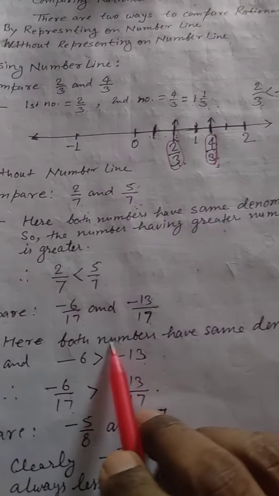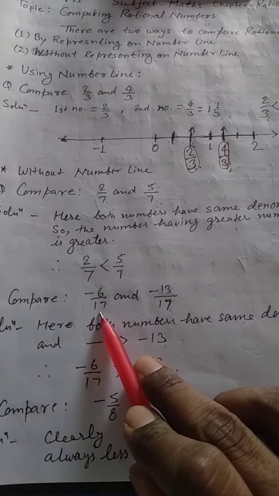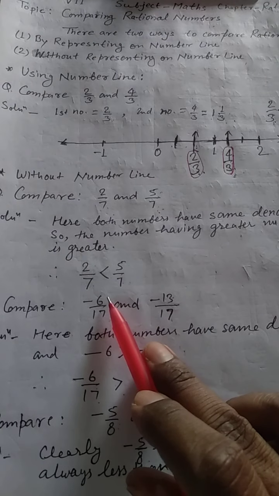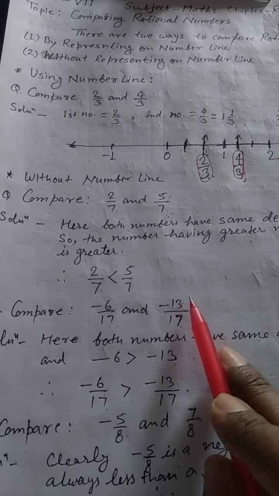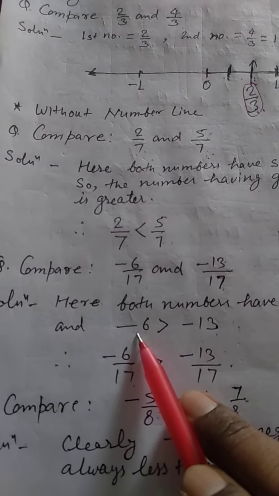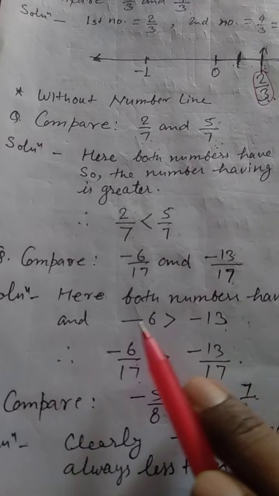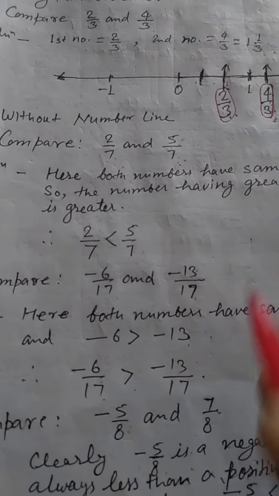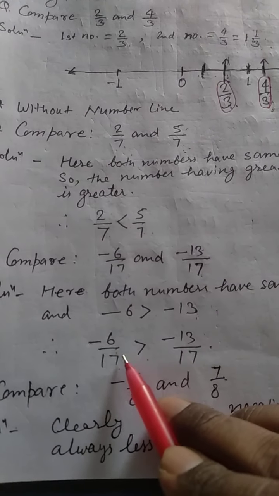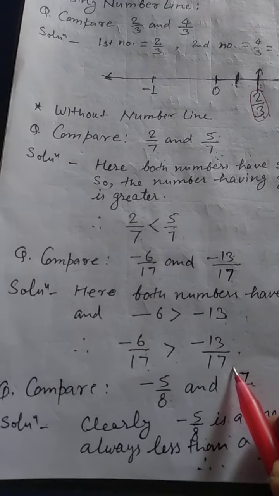Here both numbers have the same denominator, 17. So we just have to check the numerators, which are minus 6 and minus 13. And you know what I told you: minus 6 is greater than minus 13 because they are negative integers. So minus 6 by 17 is greater than minus 13 by 17.